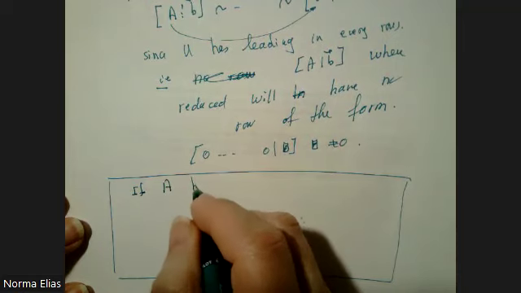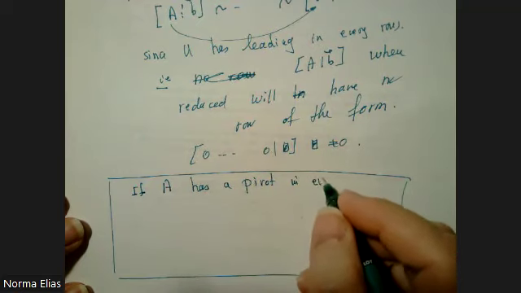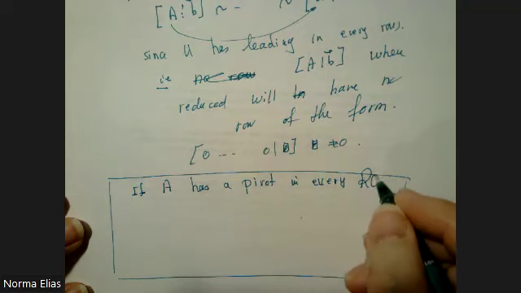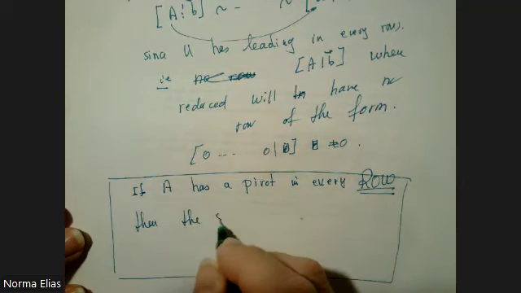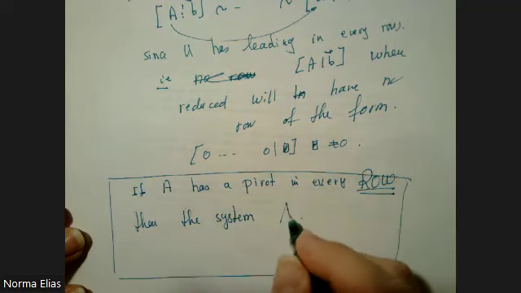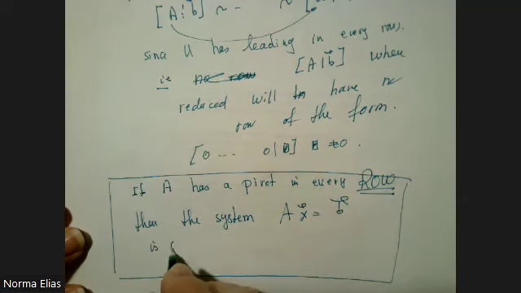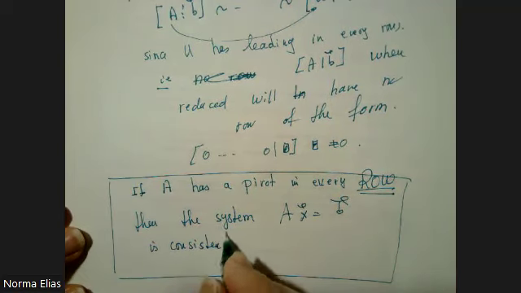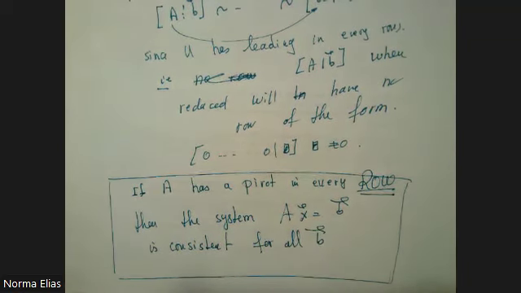If a matrix A has a pivot in every row, then the system AX = B is consistent for all B. It means if you are solving the system, regardless of what constant term you put on the right side, you will find a solution.